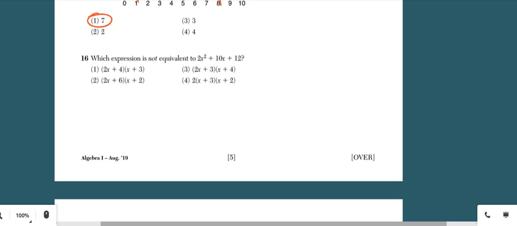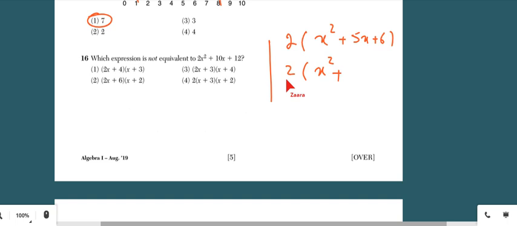Which expression is not equivalent to this one? All of them would be equal, one of them will not be equivalent. So first, if I take 2 outside, I will get x square plus 5x plus 6. Let's factorize it. 5x can be written as 2x plus 3x, plus 6.